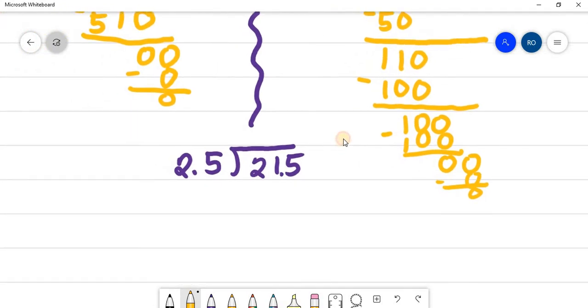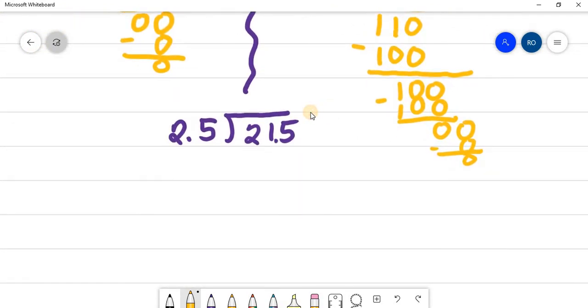Now, what if both dividend and divisor are decimals? The same steps as in the first example. 21.5 divided by 2.5.